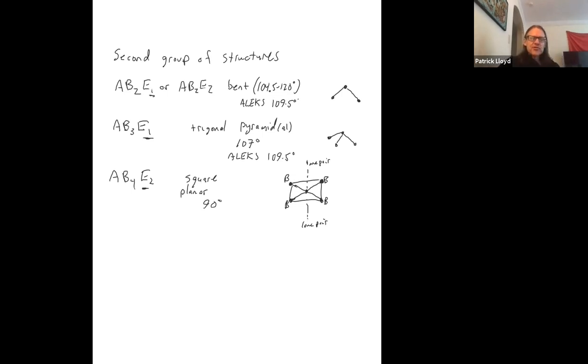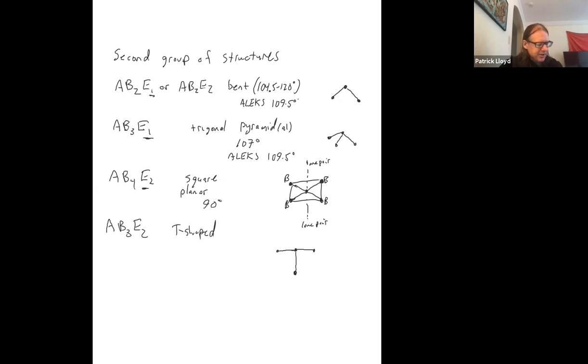Okay. So there's another one, AB3E2. This is called T-shaped. And the T-shaped is sort of strange. You've got the central atom here, and then it comes down like this. See why it's called T-shaped?